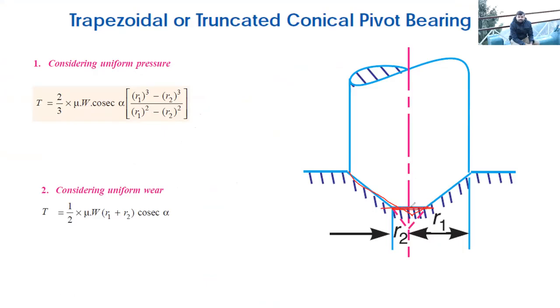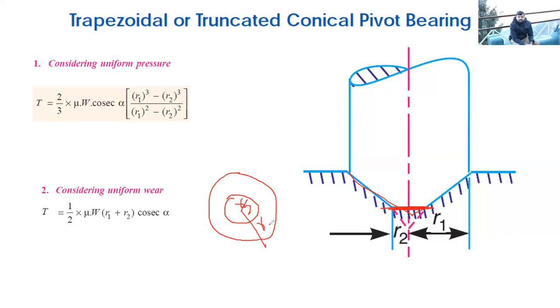Okay, so there is this flat surface which is generated in case of trapezoidal or truncated conical pivot bearing. Okay, so there is this flat surface. So if you see the top view, you will see two circles again. So this first circle, this inner circle is having radius R2, and this outer circle is having radius R1.